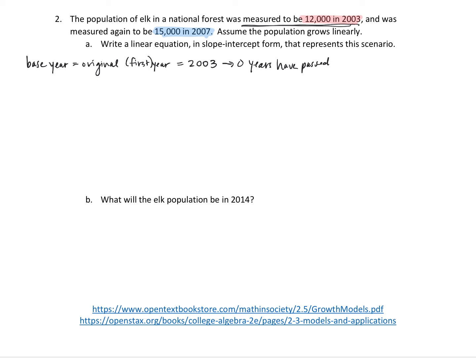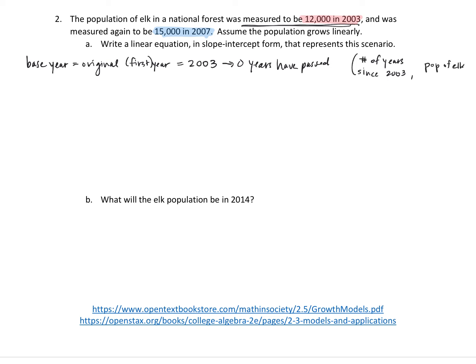So the X value that you want is going to be the number of years that have passed since 2003. Depending on how many years it's been, that will cause a variation in the population.